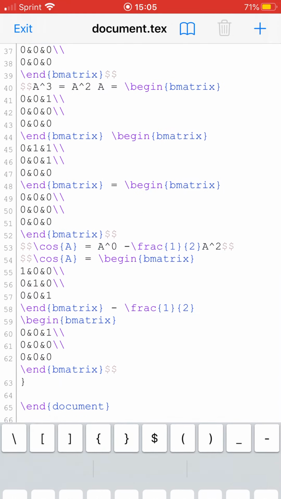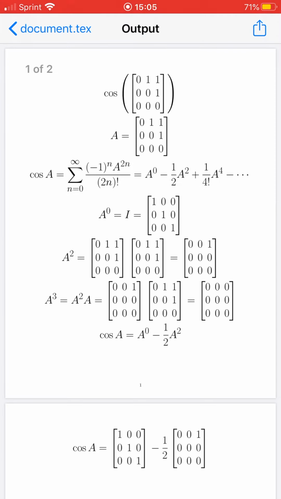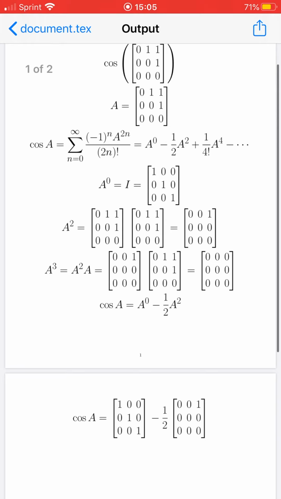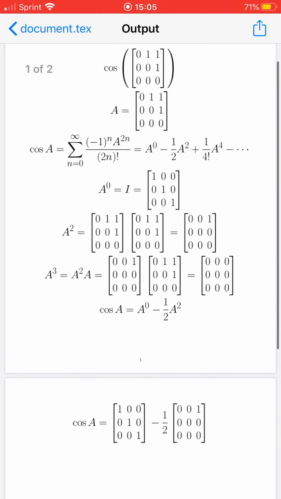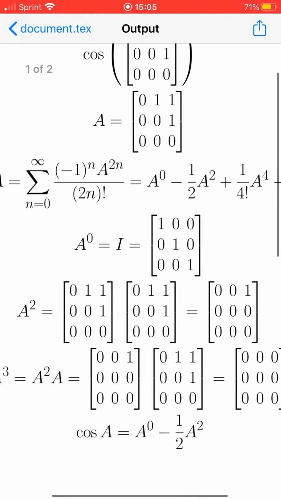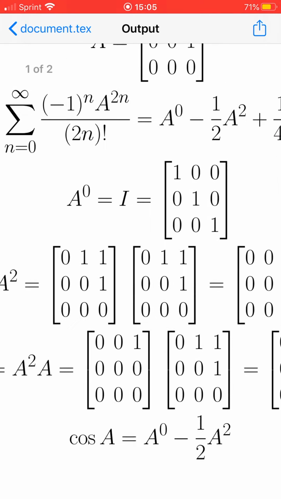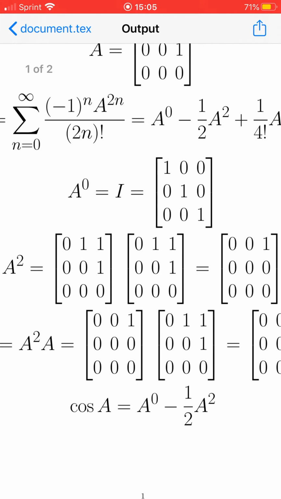So the cosine of A is equal to A to the 0th power minus 1/2 times A squared. And we know that A to the 0th power is this identity matrix. And A squared is A times A, which is this matrix 0, 0, 1, 0, 0, 0, 0, 0, 0.